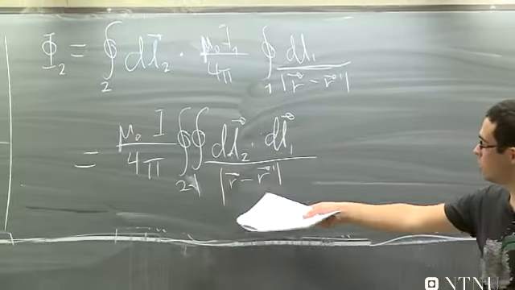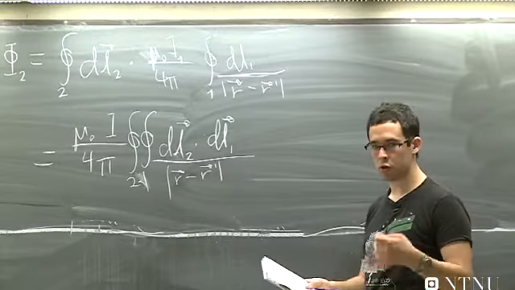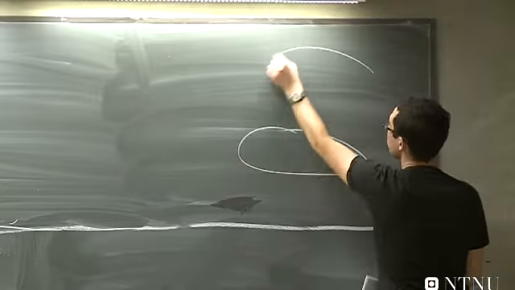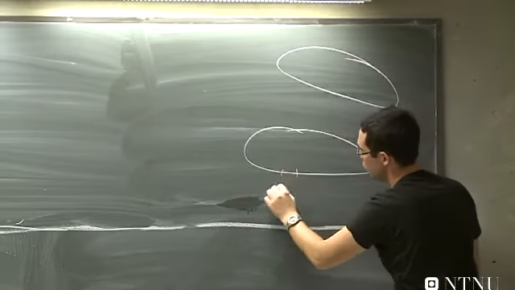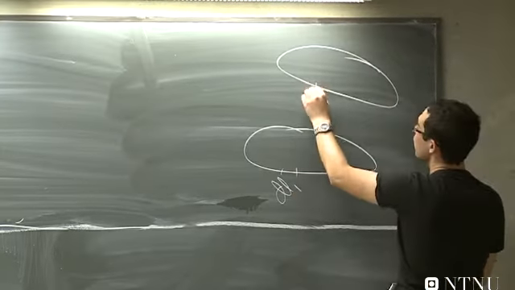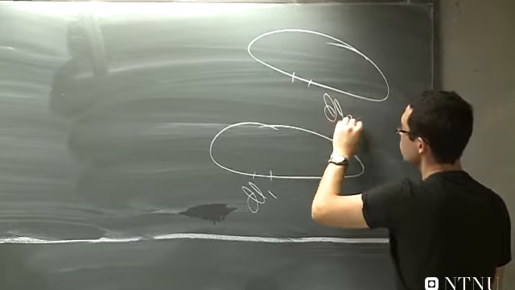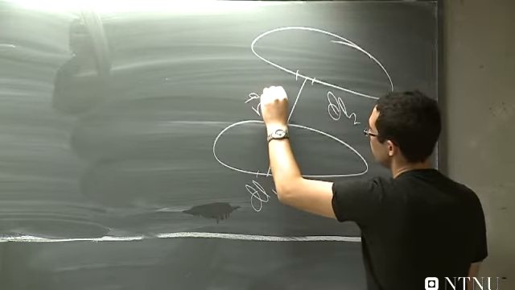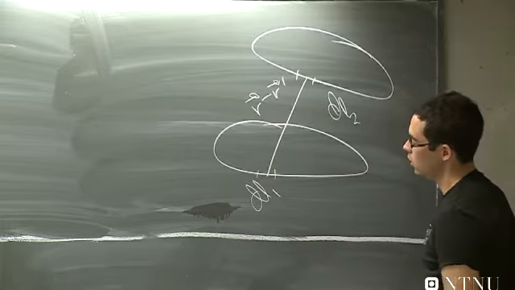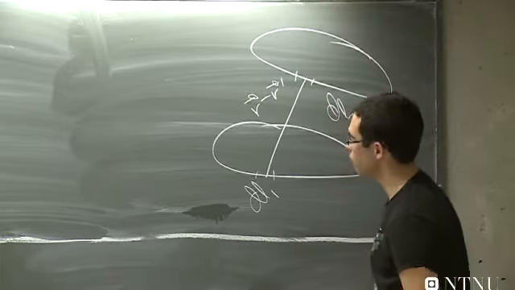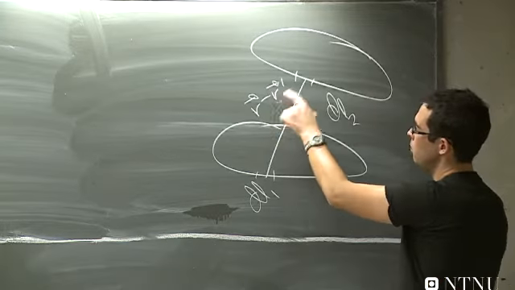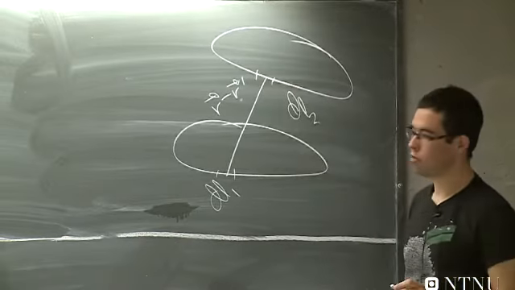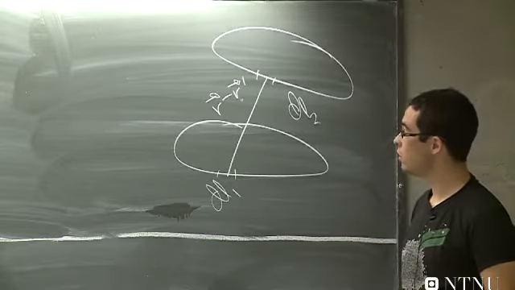So now this r minus r prime is of course just the distance between the two line elements. So it's dl1 and it's dl2, and then this is r vector minus r vector prime, and the r prime became the position at the line element when I changed this from a surface to a line integral, right?